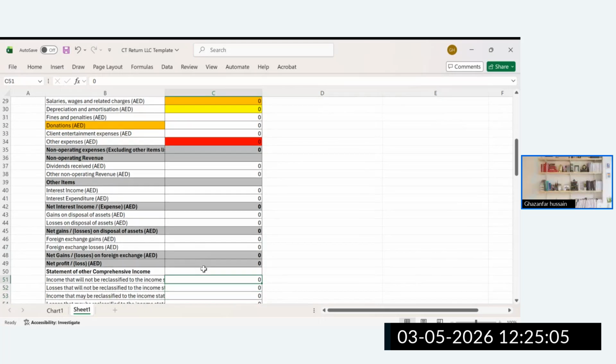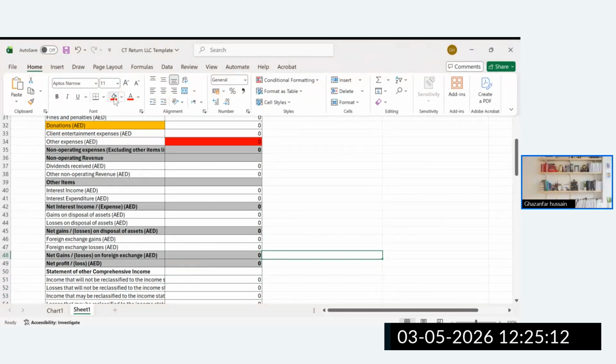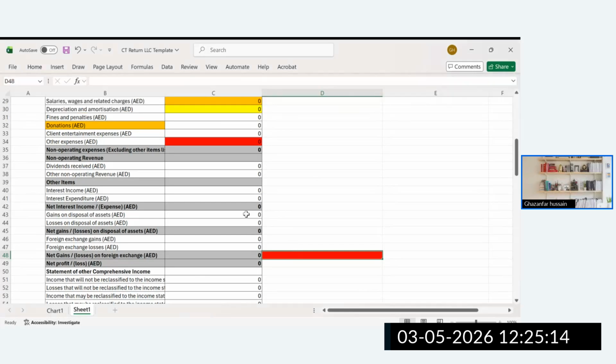So up to here, I expect you guys to continue and complete. Why? Because now we have already learned how to extract the figures and how to punch the figures in the return. Today I'm stopping early because I'm giving you this task. You have to work on that and put in the figures. In the next session, we will continue from there onward. Once you complete this, share it in the same group also, because whether you did it right or wrong doesn't matter.